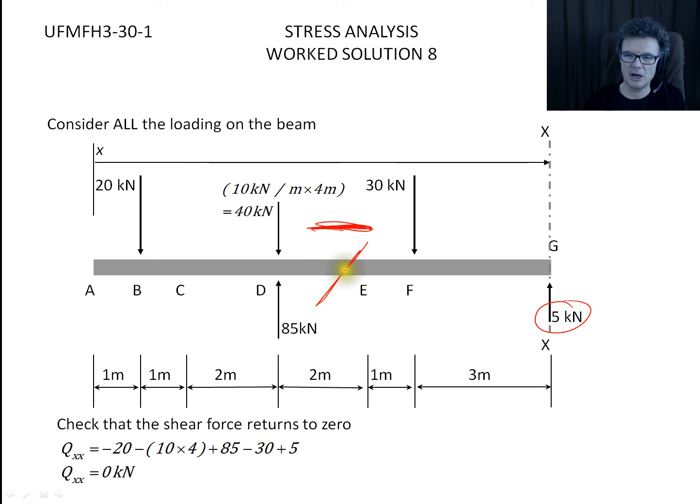I am then going to set my M equation, which I know in this region, EF, to 0, and then find out what the x value is at that point, and that point is called the point of contraflexure.